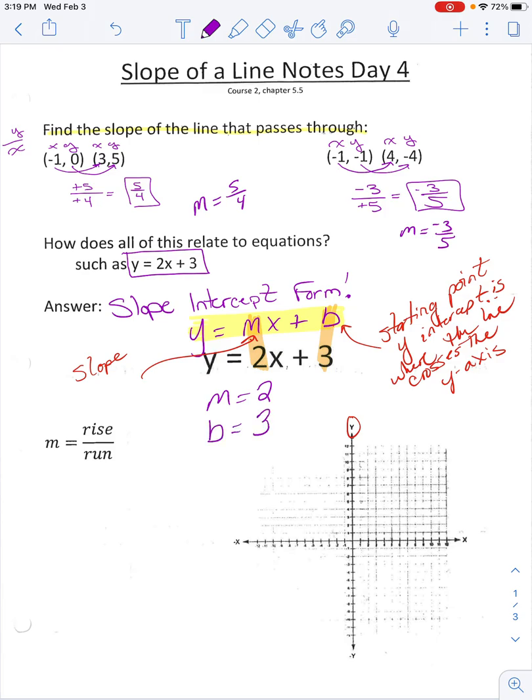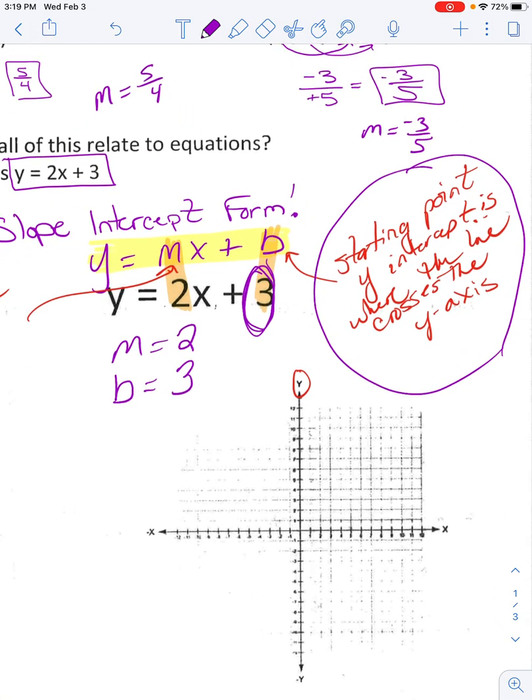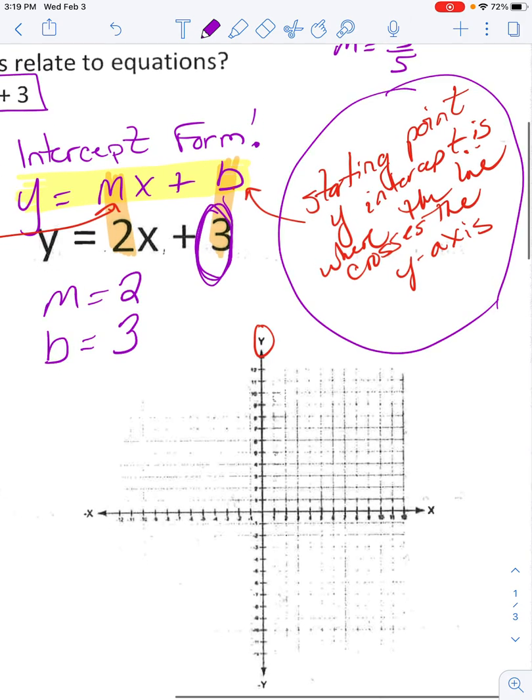And I know that doesn't make a whole lot of sense why a b turns into the y-intercept, but it does, okay? You're always going to start with your y-intercept. It is your starting point. Y-intercept is a +3, so the starting point is where it crosses the y-axis.